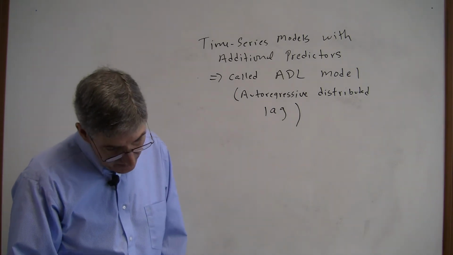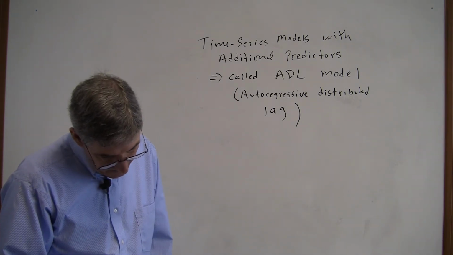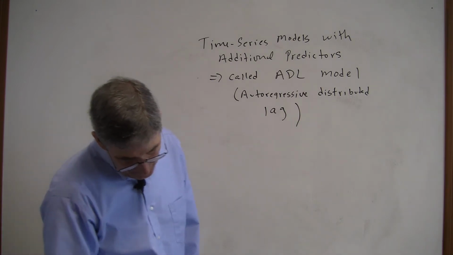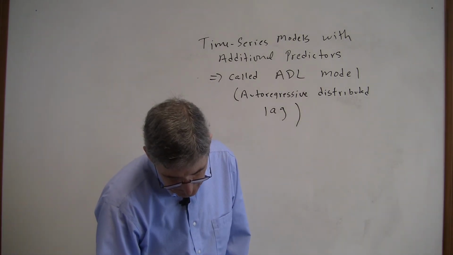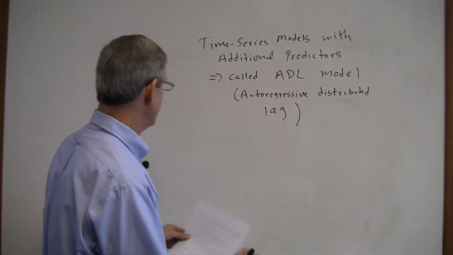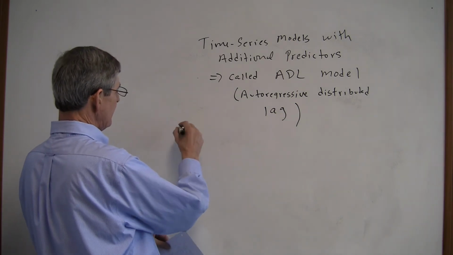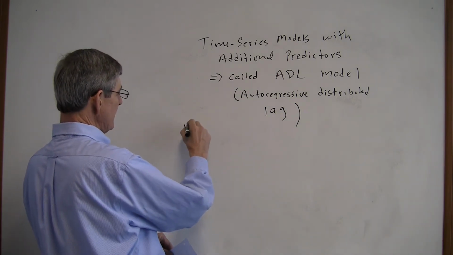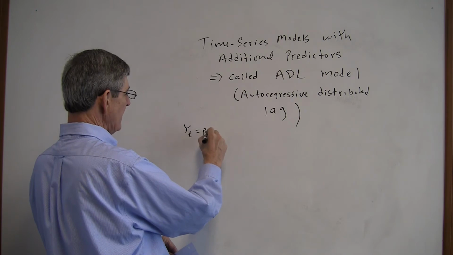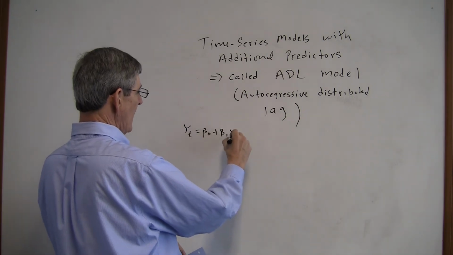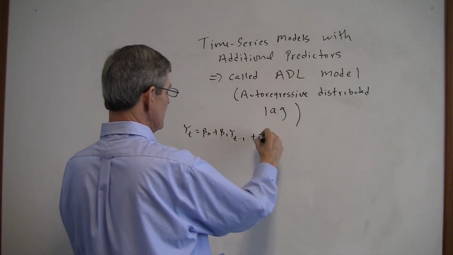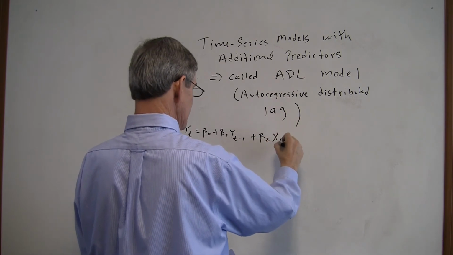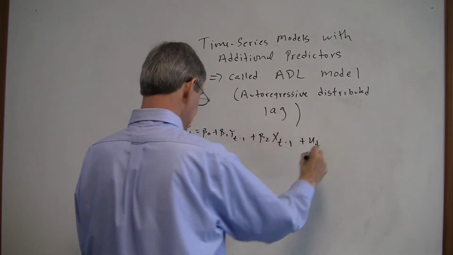And so the book illustrates this with an example. Maybe I'll do that first. But basically what we're going to do is just like a model, something like yt is beta naught plus beta 1 yt minus 1 plus beta 2 xt minus 1 plus ut.